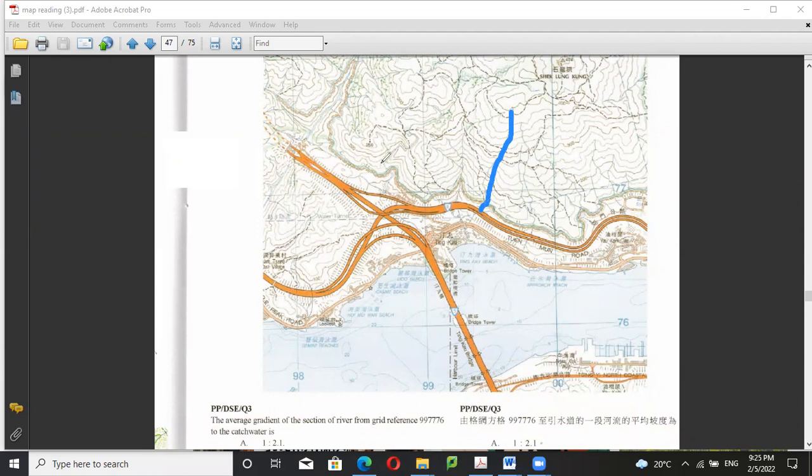Around 100 meters. Then how about the horizontal difference? Wait a minute. Oh, this is right here.